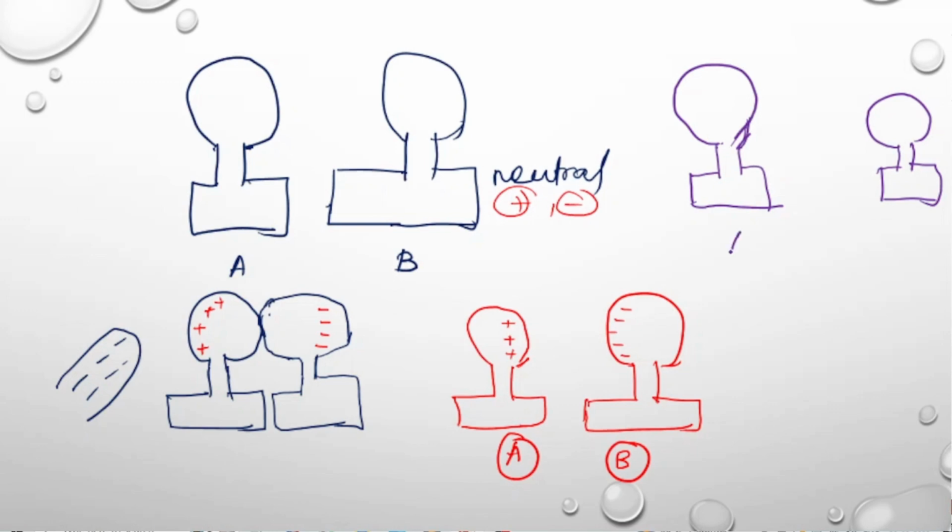Now this is A, this is B, right? So the charge will be distributed all over. Here all over you will get the positive charge, and here all over you get the negative charge.